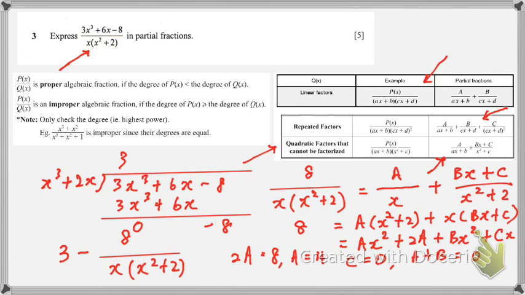Similarly, if we compare the coefficient of x squared, we get A plus B equals 0, therefore B is equal to minus 4. Therefore, the partial fractions is 3 minus 4x over (x squared plus 2) plus 4 over x.